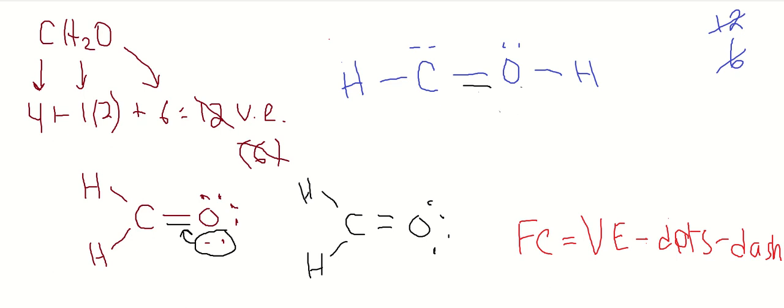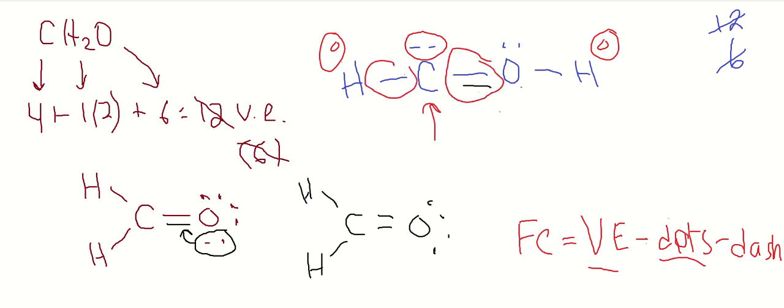The formal charge on hydrogen: hydrogen has 1 valence electron minus, there aren't any dots, but there is 1 dash, so 1 minus 1 is 0. So this one's going to have a formal charge of 0, and so is the one over here. The formal charge on the carbon: it has 4 valence electrons, minus the 2 dots, minus 3 dashes.